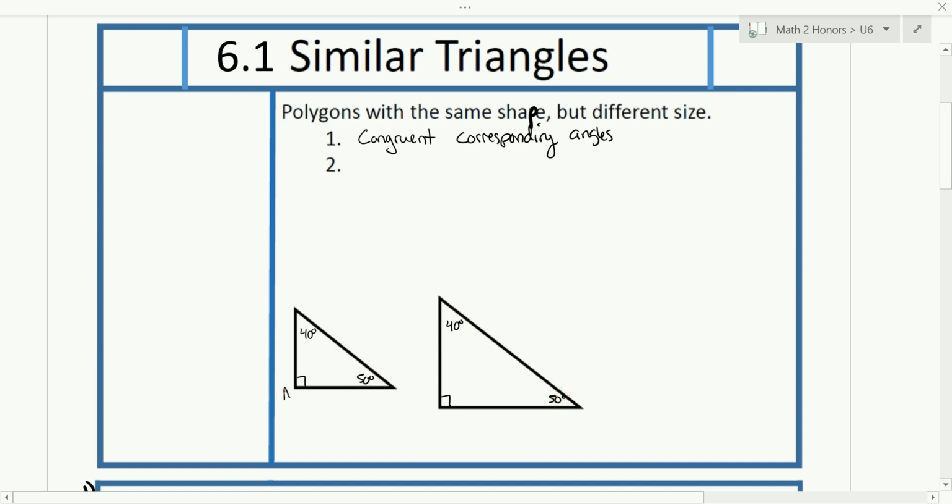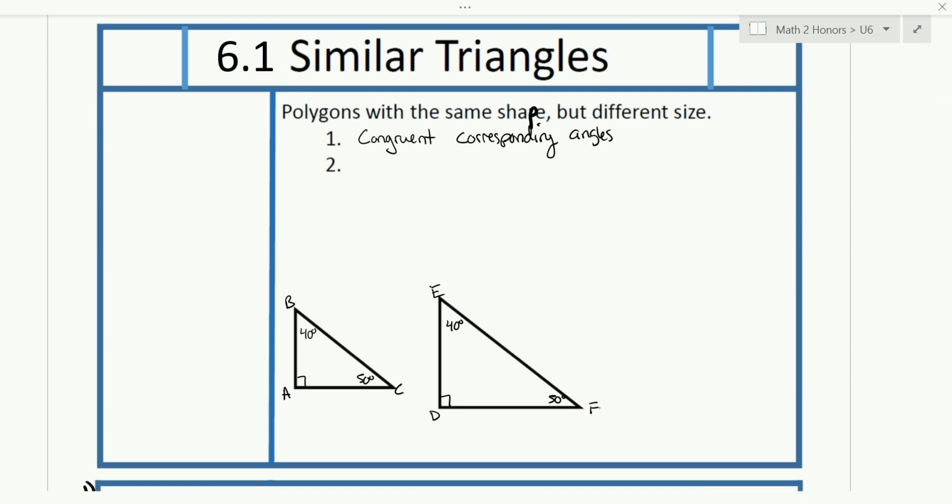And so we say triangle ABC and DEF are going to be similar because their angles are congruent.